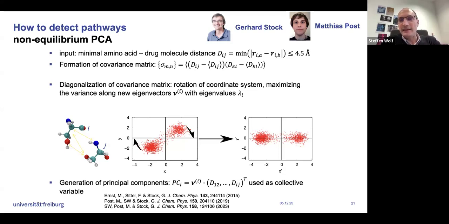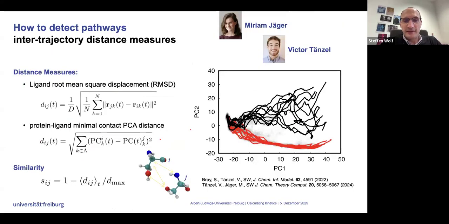This is the same as a principal component analysis, which is well understood for equilibrium simulations to find eigenvectors that can be used as reaction coordinates for describing such processes. But here we use this now in the framework of a non-equilibrium system.